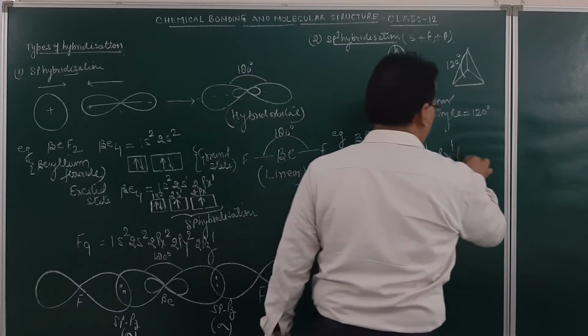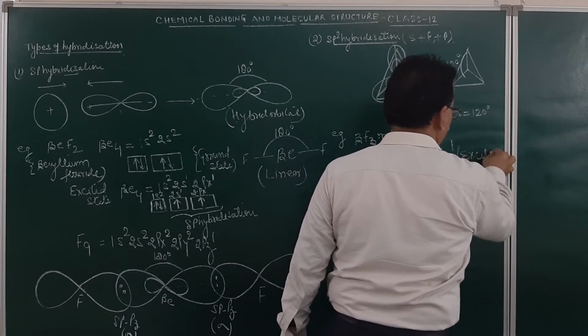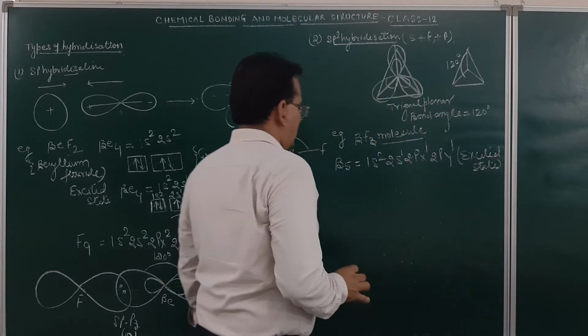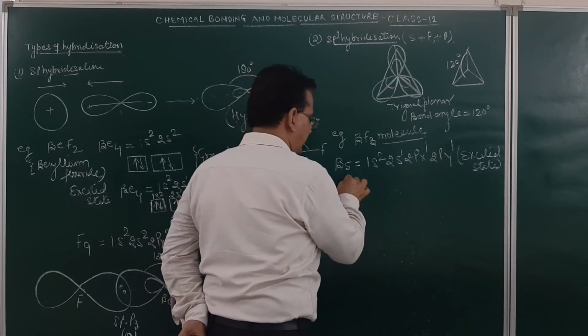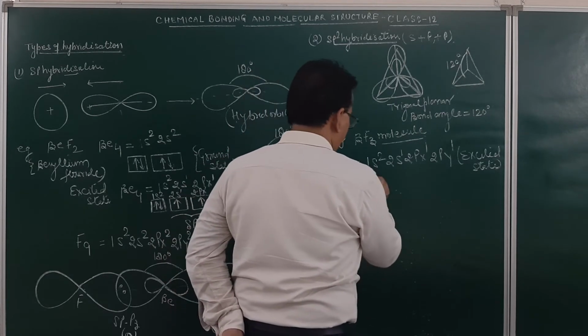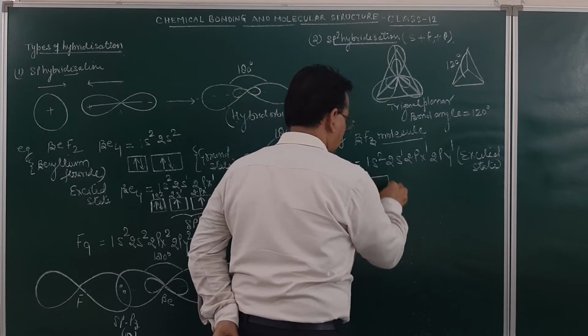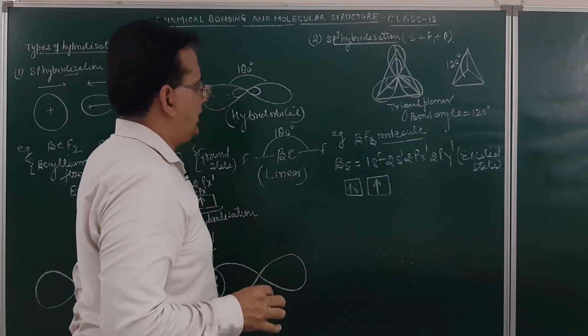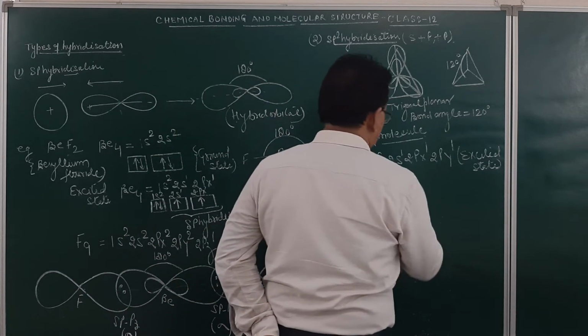This is the configuration in the excited state. How does it occur? This will be the 1s orbital. This will be the 2s orbital. Then we have 2px, 2py and 2pz.